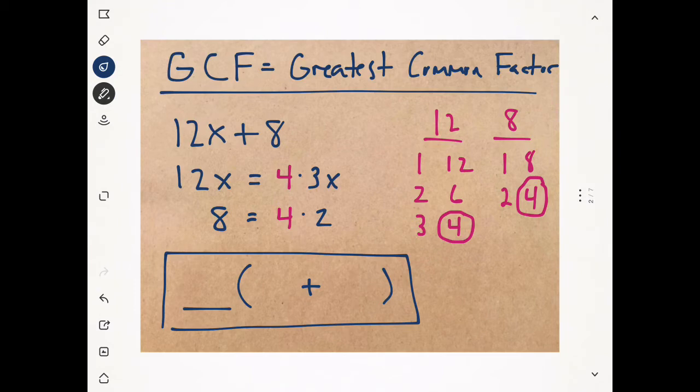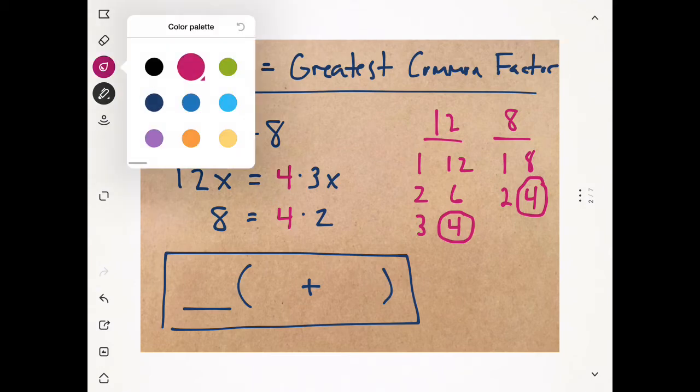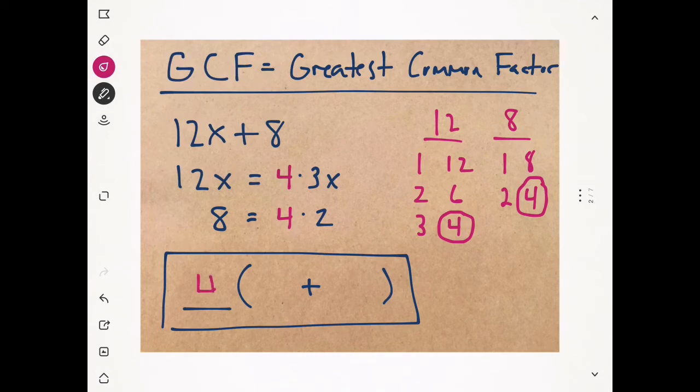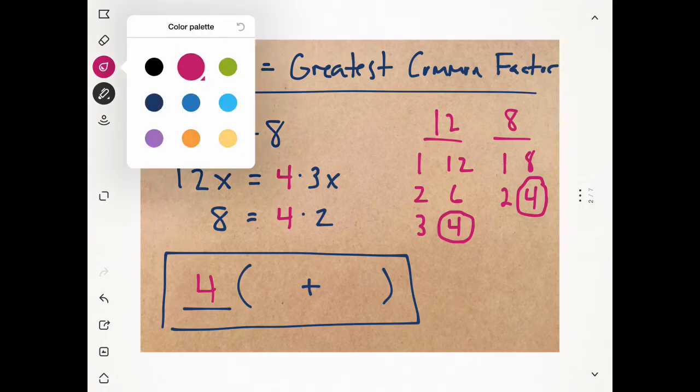Okay, and so there's a reason why I use those colors. The pink color is what's called our greatest common factor. It's the factor that 12x and 8 both have in common, and it's the largest one that they have in common. So I'm going to go ahead and write that factor outside of my parentheses. And then what goes on the inside of my parentheses is everything that is left.